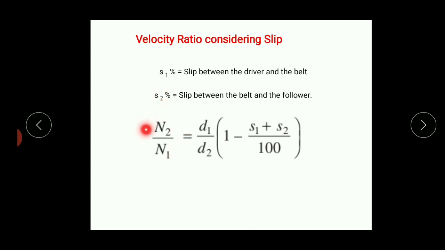This is the ratio of the speed of the driven pulley to the driving pulley, equal to d1 upon d2. d1 is the diameter of the driving pulley, whereas d2 is the diameter of the driven pulley. S1 is the slip between the driver and the belt, and S2 is the percentage slip between the belt and the follower. The slippage is mentioned in terms of percentage slip.